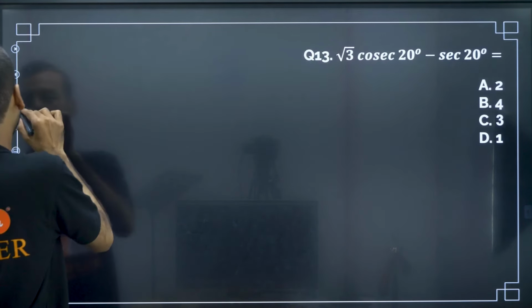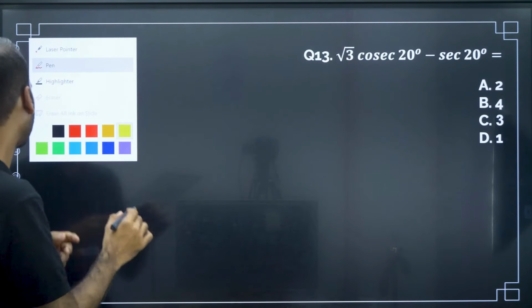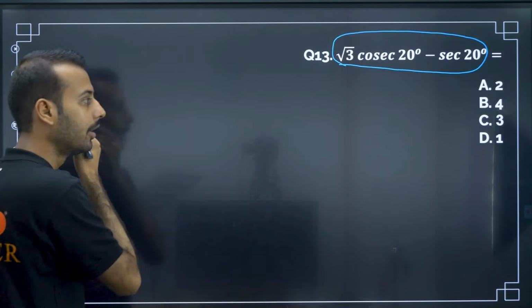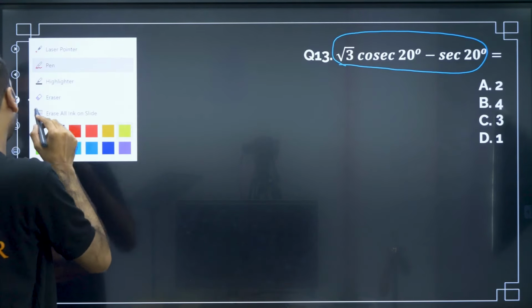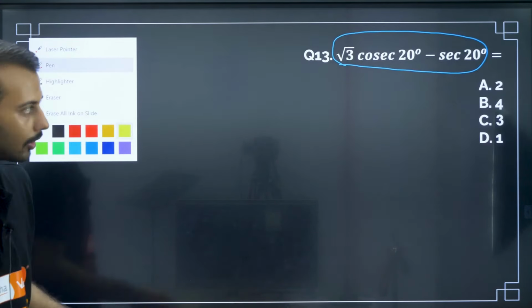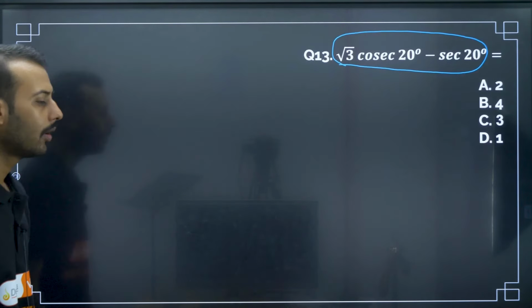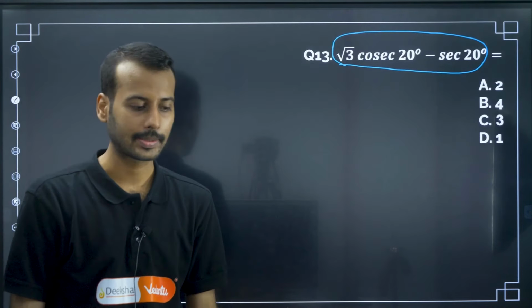Root 3 cosecant 20 minus secant 20. They have given one expression and they are asking to find its value. Now see here how to approach this problem. The moment you see this expression, cosecant 20 degree and secant 20 degree are not standard angles.